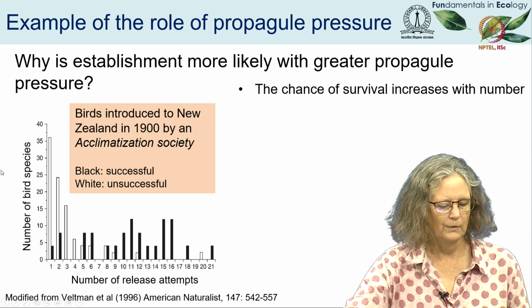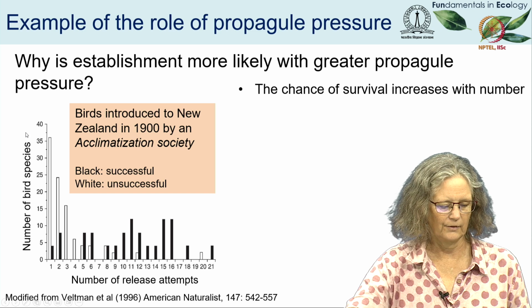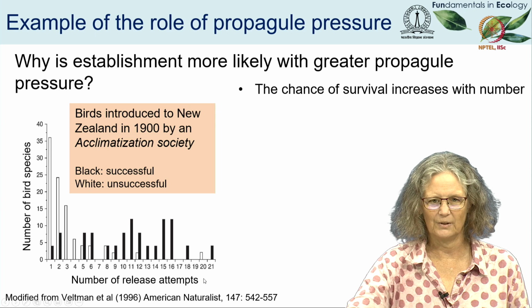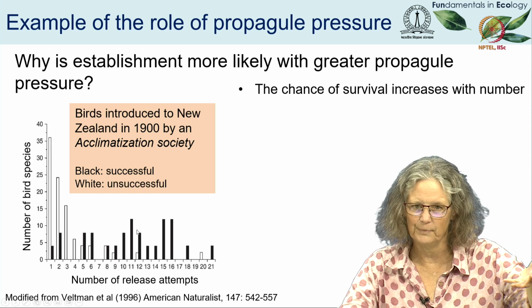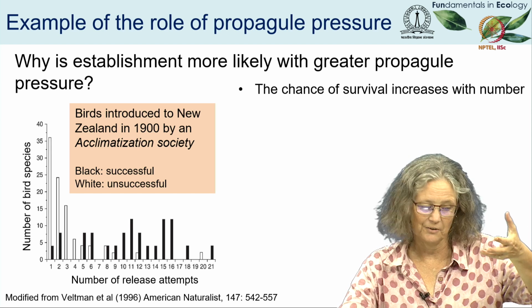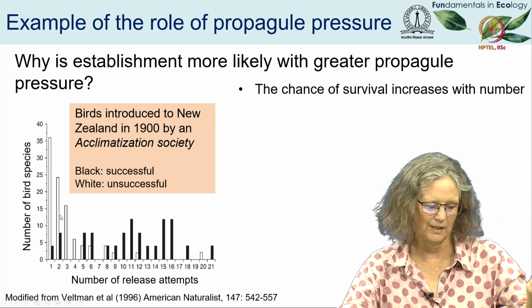Okay, on this figure we see the number of different bird species and the number of release attempts into New Zealand. Black is when the bird species was successfully established in New Zealand, and white is when they brought it but it never successfully established.